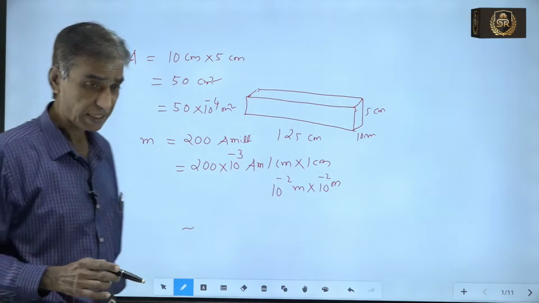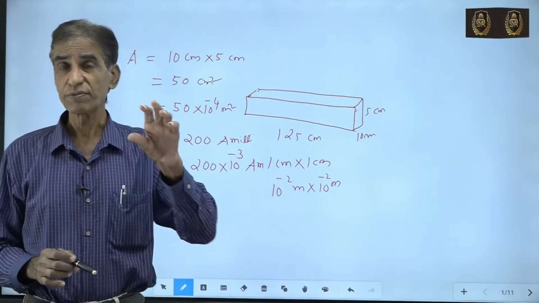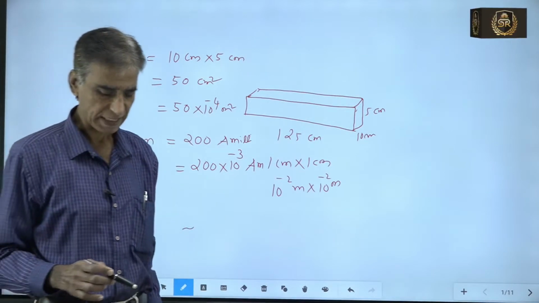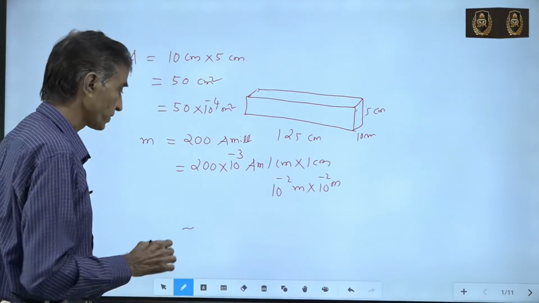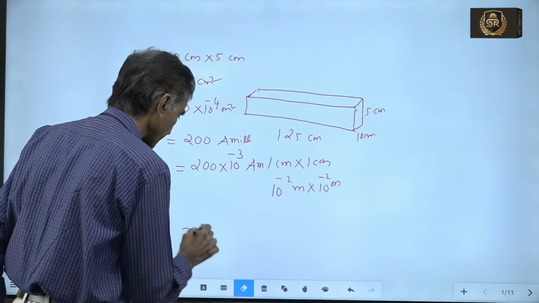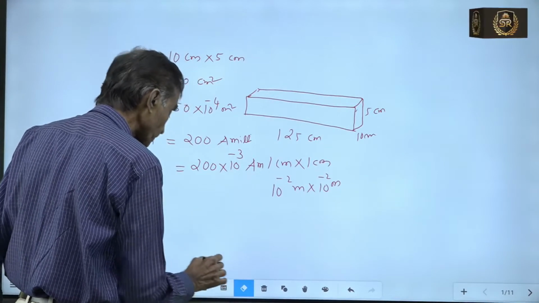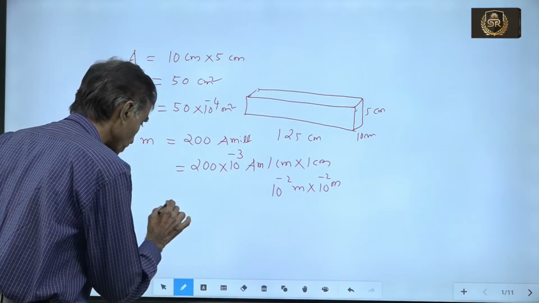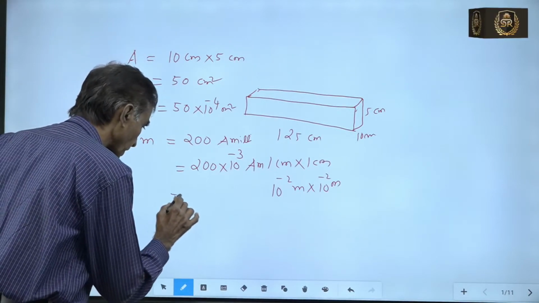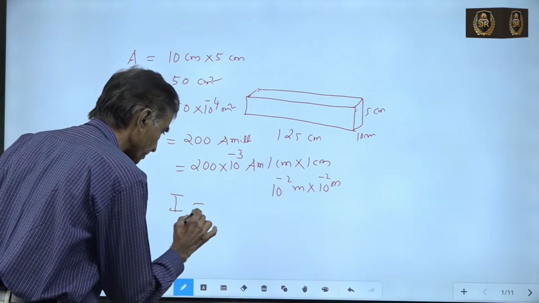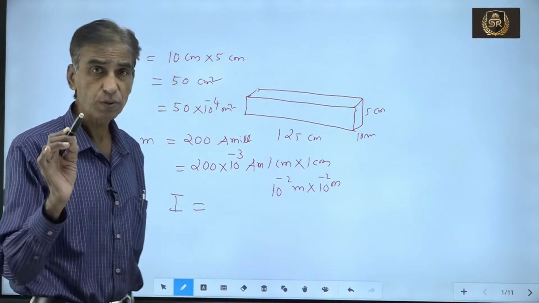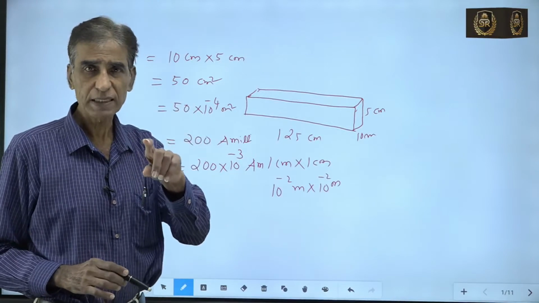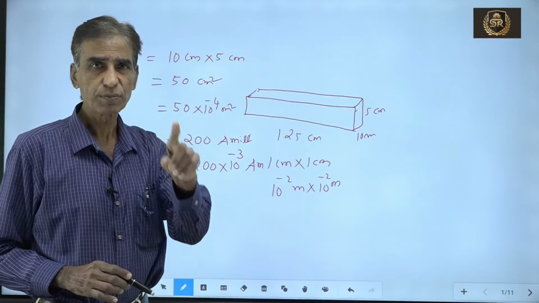Now what we want here is the intensity of magnetization. What is the formula? Recall our formula. The symbol for intensity of magnetization is I. For that we have two formulae: one in terms of magnetic moment and the other in terms of pole strength.